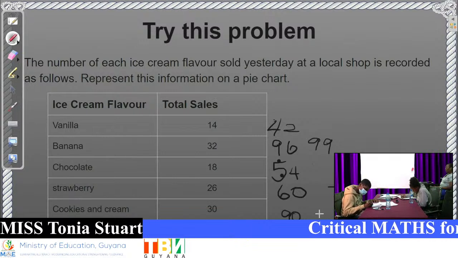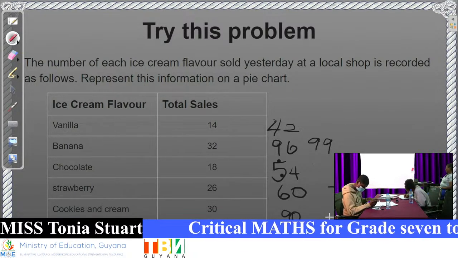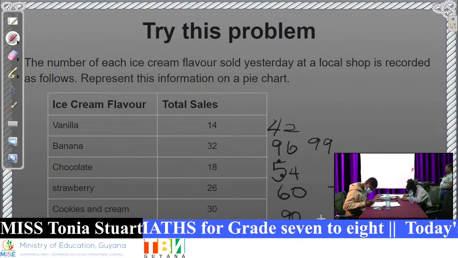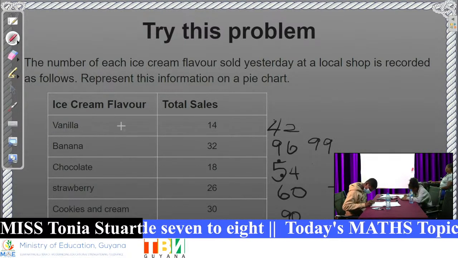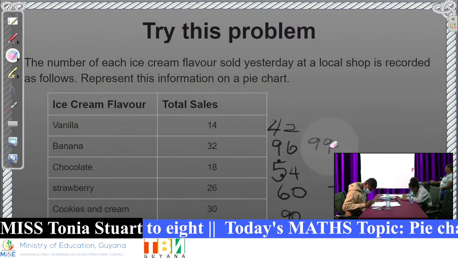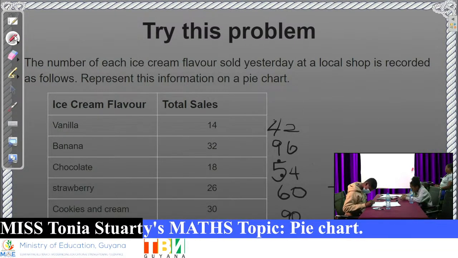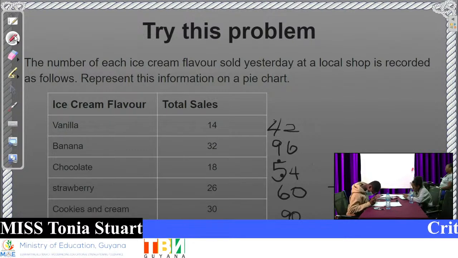Okay. So what you need to do now is add up your totals to see who was incorrect. 42, 4, 5, 6, 7, 12, 9, 10, 11, 12, 13, 14, 15, 16, 17, 18, 19, 20, 21, 22, 23, 24, 25, 26, 27, 28, 29.